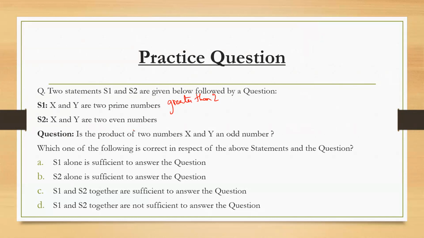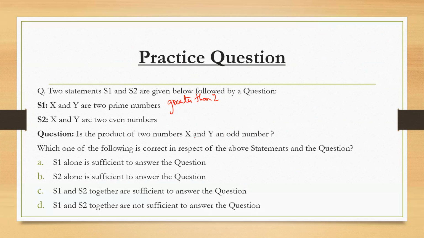X and y are two even numbers. Is the product of two numbers x and y an odd number? Now tell me which one will answer my question.